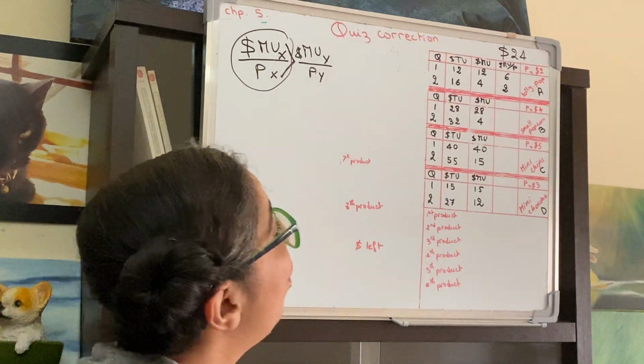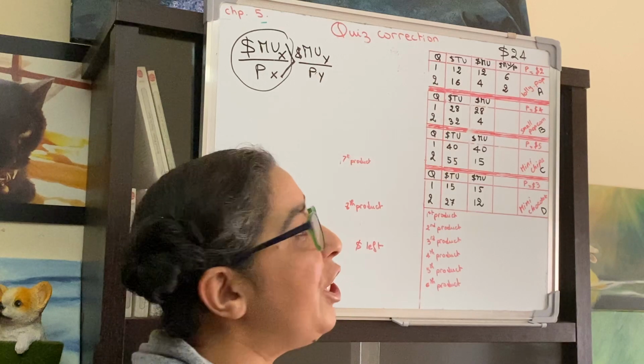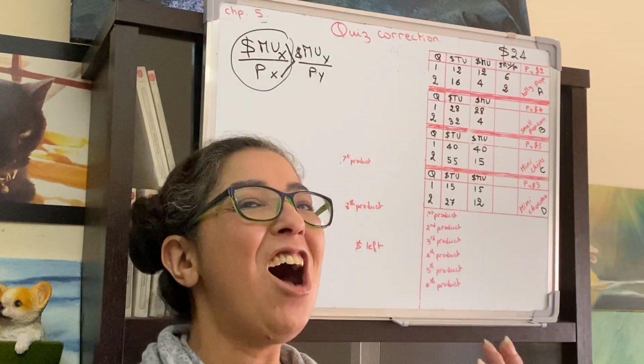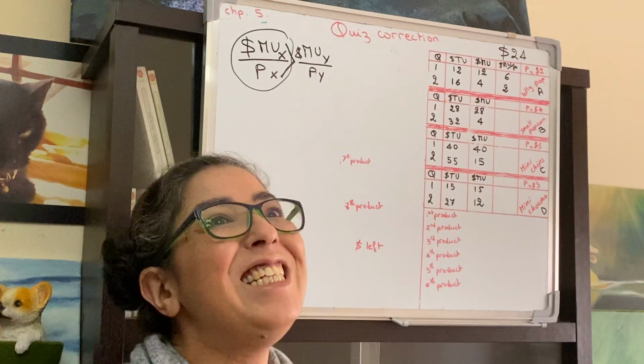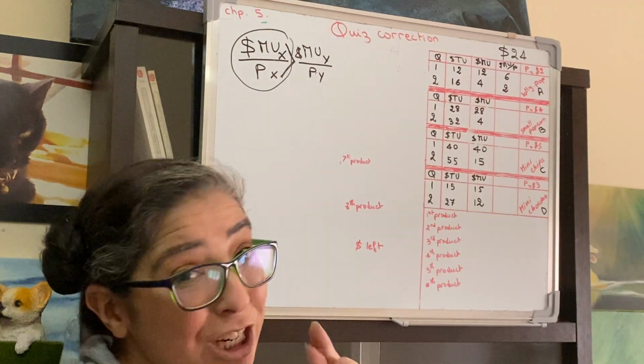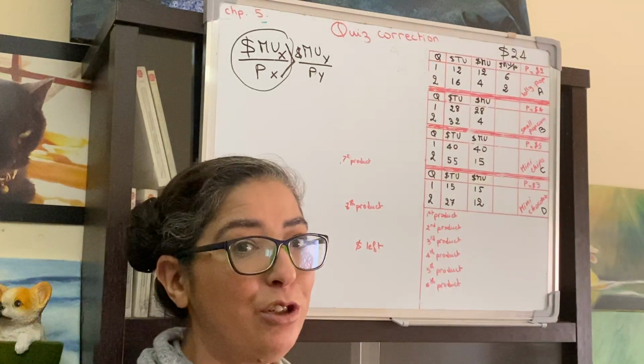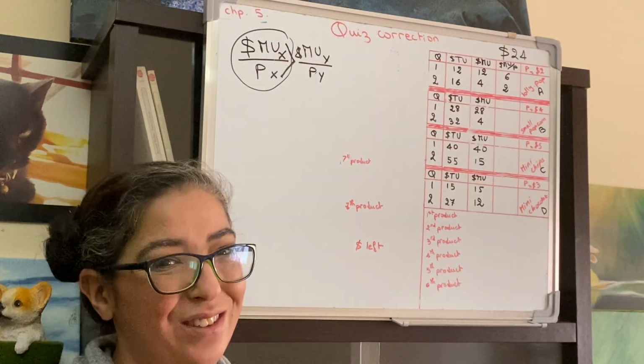Okay? So in the first unit, for each dollar spent, you get $6 of satisfaction. Here, for each dollar spent for the second unit, you get only $2 of satisfaction.